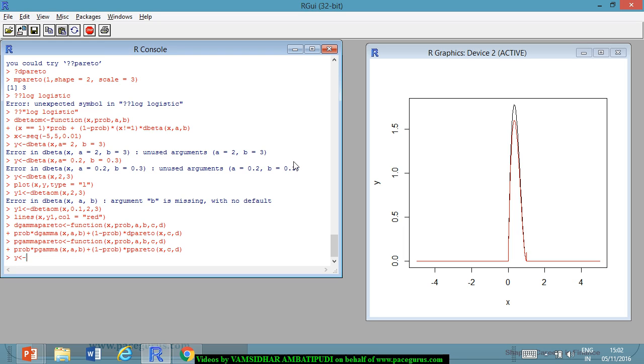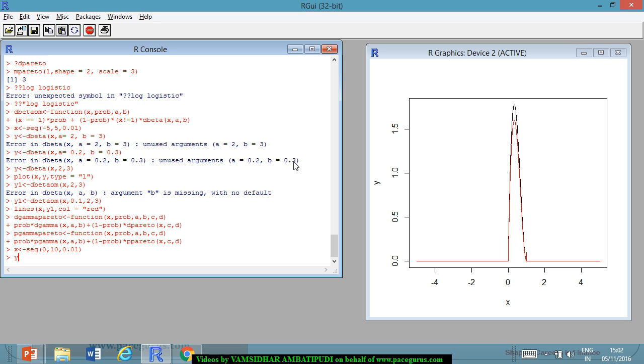So let's take X. X is a sequence from 0 to 10, incrementing by 0.01. Y, let me take it as D gamma Pareto of X. Prob, let me take it as 0.25, or probably let me say 0.75.